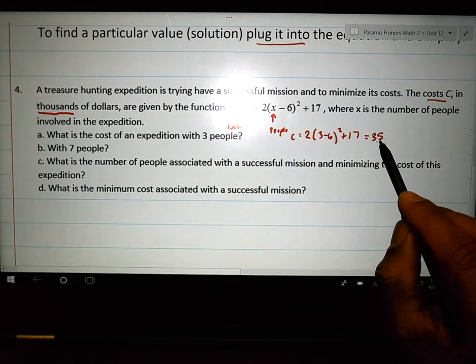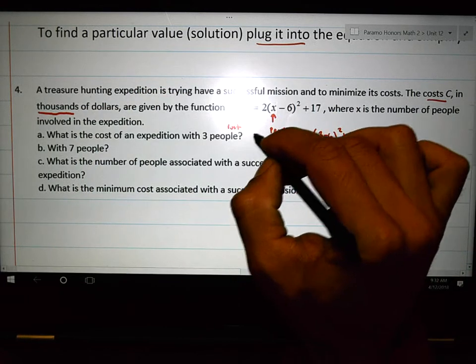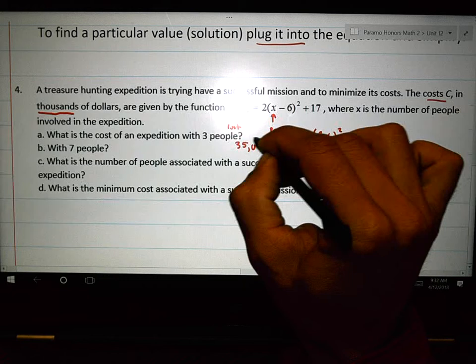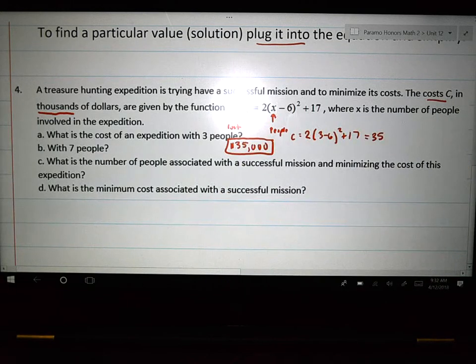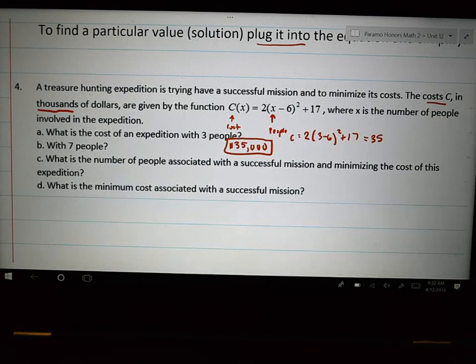And this is the cost in thousands of dollars. The answer for part A, $35,000 for this treasure hunting expedition by plugging that value in. That's our part A.